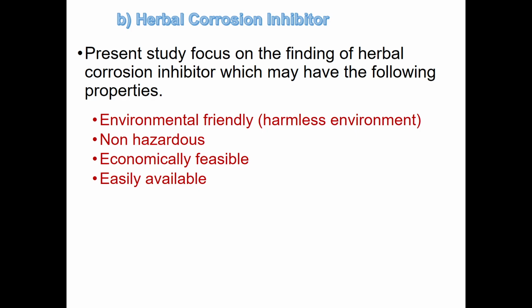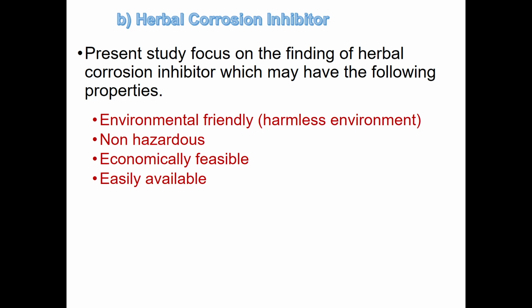In this study, as I told you, we worked on corrosion inhibitors, and we utilized waste material from fruits, vegetables, and other material. Why did we use these materials? They are environmentally friendly, generally non-hazardous and non-toxic, and economically feasible.